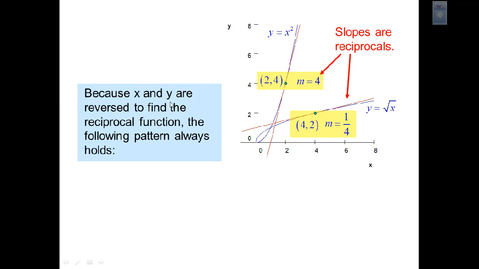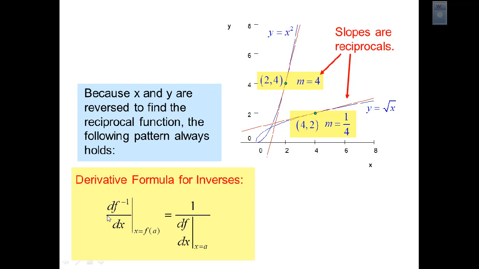So because x and y are reversed to find the inverse function, the following pattern always holds. The derivative of the inverse with respect to x at f of a is equal to 1 over the derivative of f of x at x equals a.